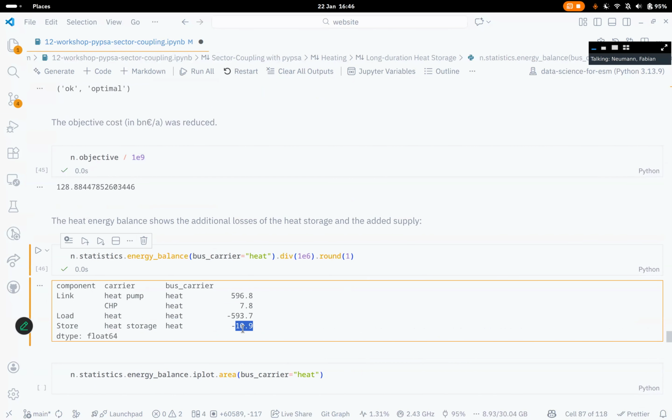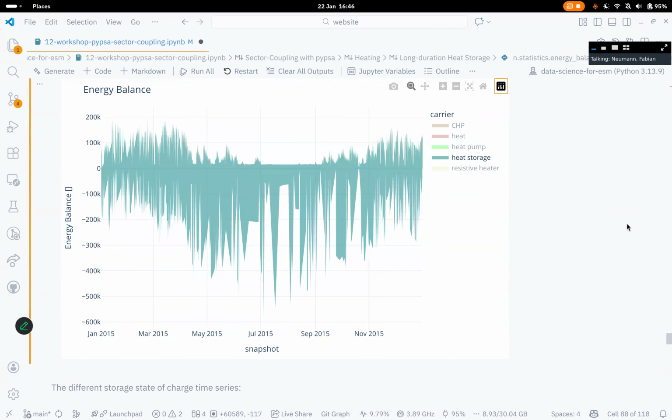And let's see if we can also see that in the balance plot. We can just disable all the other technologies, and we can then see how there's a tendency for the storage to discharge over the winter months and then charge over the summer.